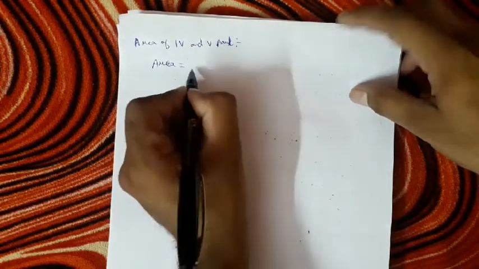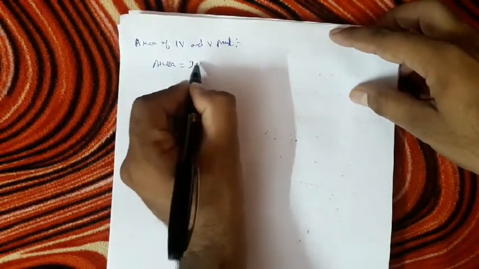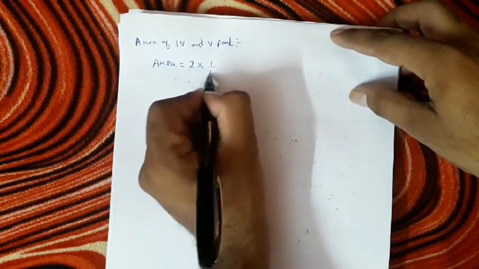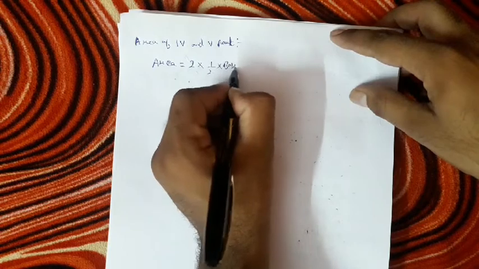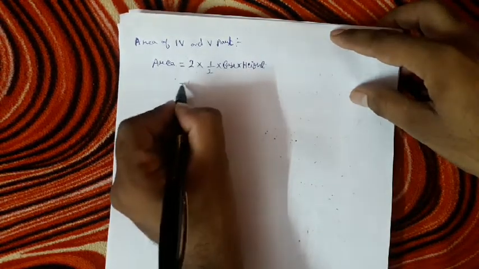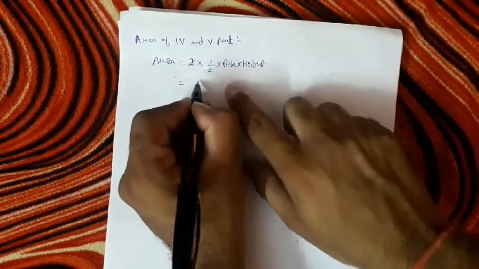So the area of the fourth and fifth: first I am multiplying by 2 because they both have the same measurement. So 2 into the area of the triangle, 1 upon 2 base into height. These are right triangles, so the 2 and 2 can be cut.